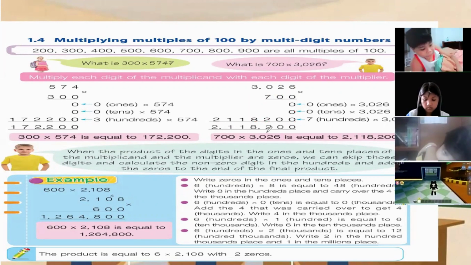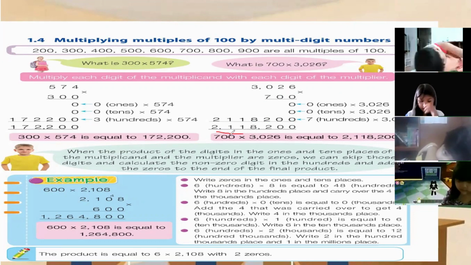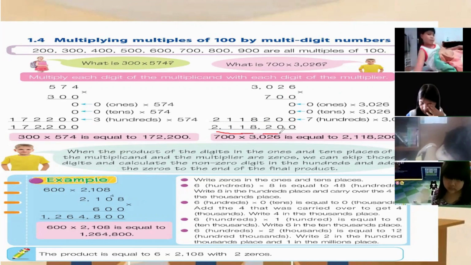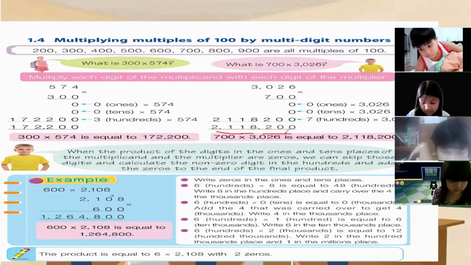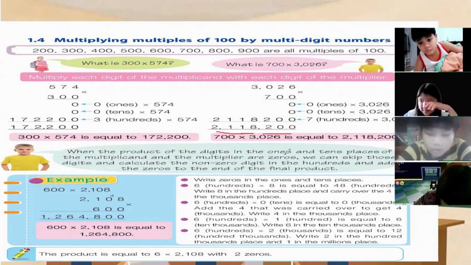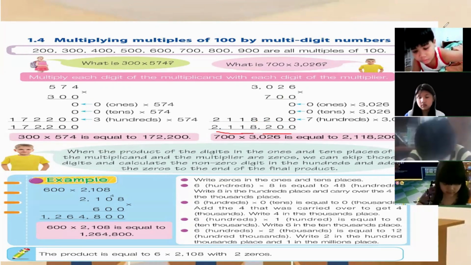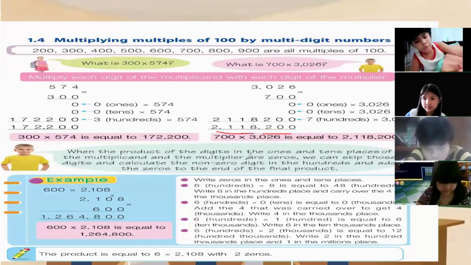So what is the answer? The answer is 2,118,200. It is the answer of 700 multiplied by 3,026, which is equal to 2,118,200.